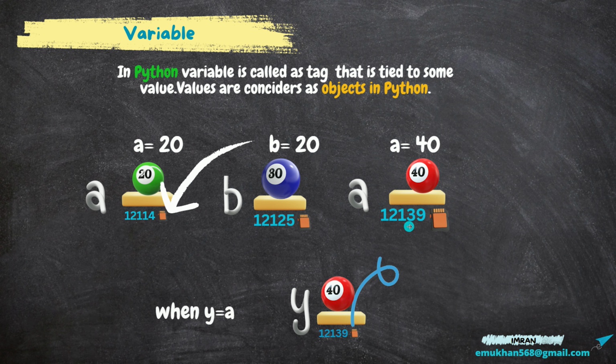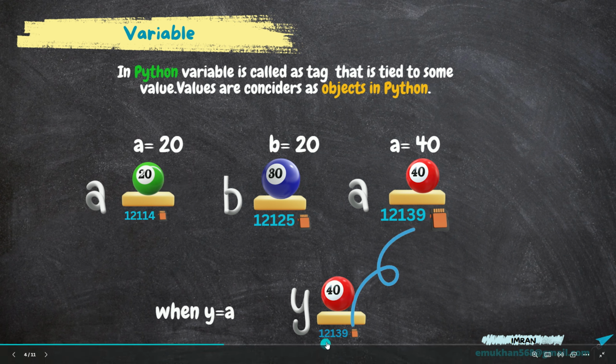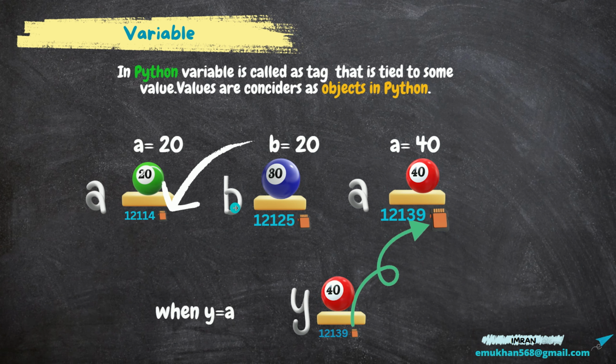You can see the two memory locations are the same, 1239, 1239. The same goes for variable b, which has 20 and is just referring to the location of a, that means 1214. The location of b will be 1214, no longer 1225, because that is from the previous slide.